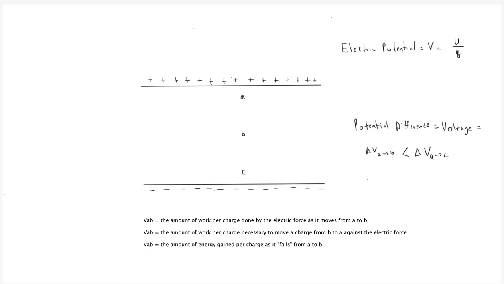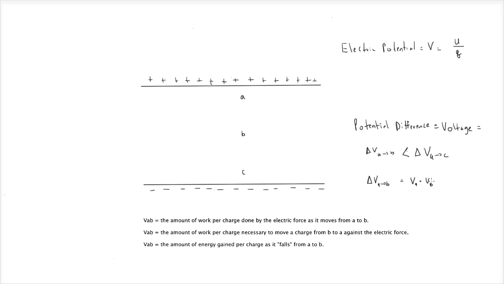So let's look at another example. Actually, one thing I should mention is that normally when we use that delta sign, we do final minus initial. That is not the case for voltage. The voltage between A and B, or the potential difference between A and B, is really the electric potential of A minus the electric potential of B. That's just something to note here.